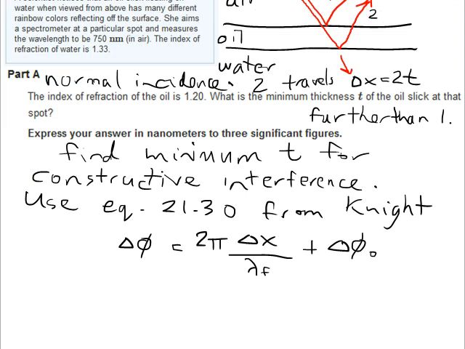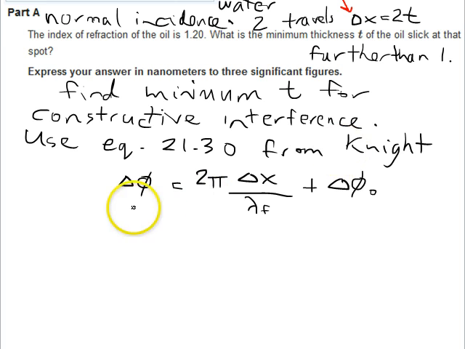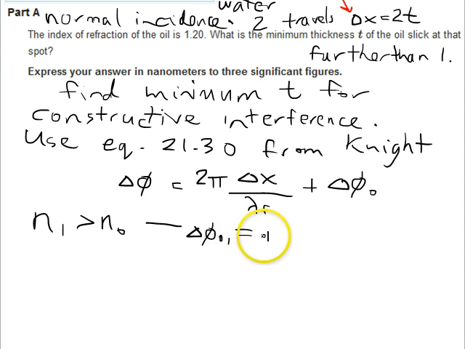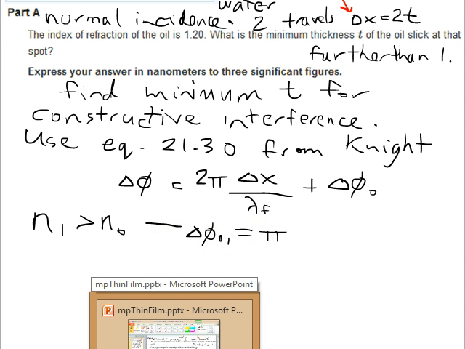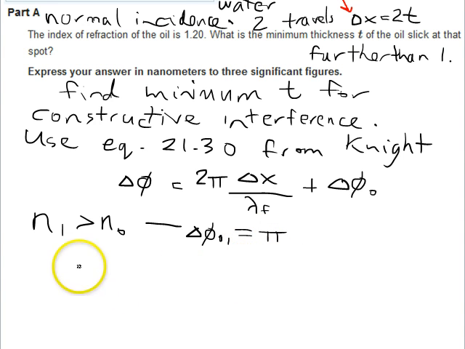And the way it works is that if you're going from an index of refraction that's less to an index of refraction that's more, then delta phi from going from the 0 to the 1 is going to be pi. Every time you reflect off a medium where the wave travels slower, the reflected pulse is inverted, or upside down. And so for a sine wave, that amounts to a difference of pi.